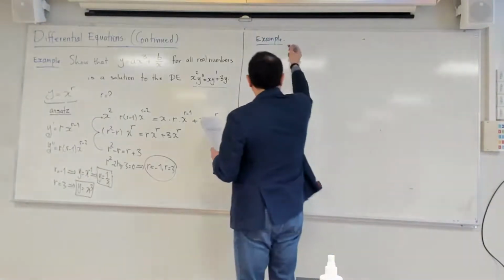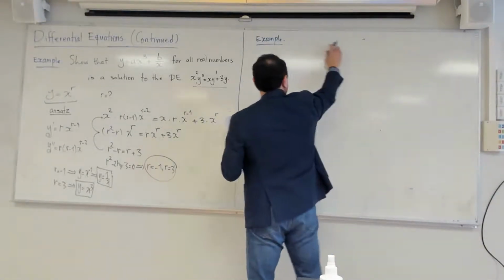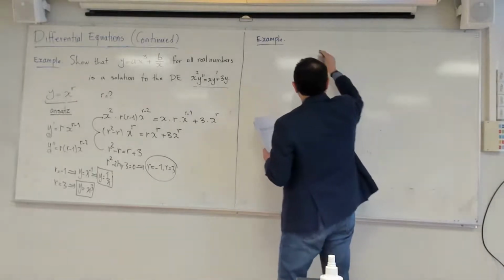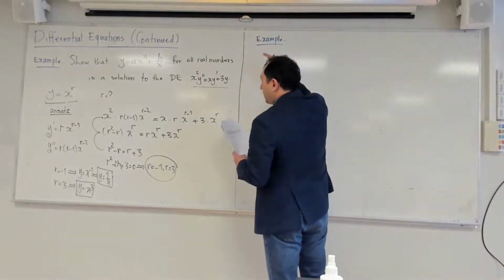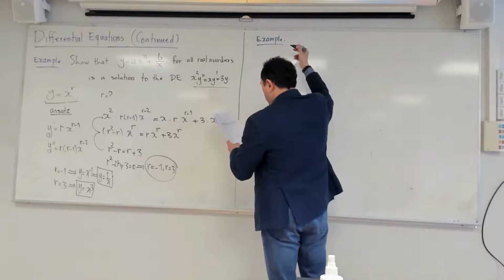Okay, so let me write with different language. Usually in differential equations in physics and engineering, the independent variable is time. So let me just write it in this language.